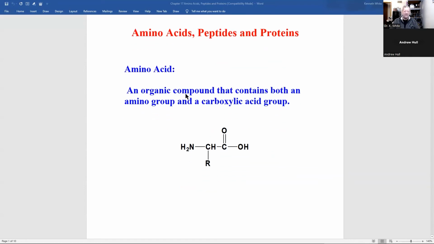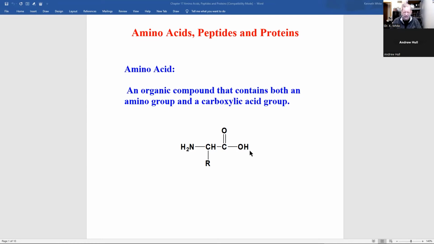Now, organic chemists are lazy, and the molecule we call an amino acid is an organic compound that contains both an amino group and a carboxylic acid. Its real name should be an amino carboxylic acid. That's a lot to say. Let's just call it amino acids. And protein chemists did that.